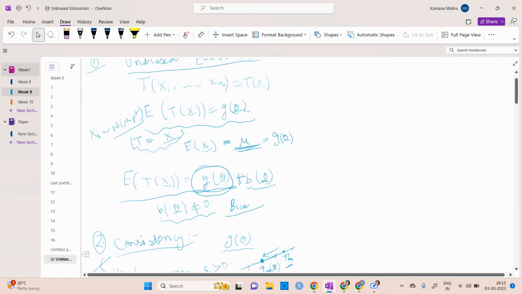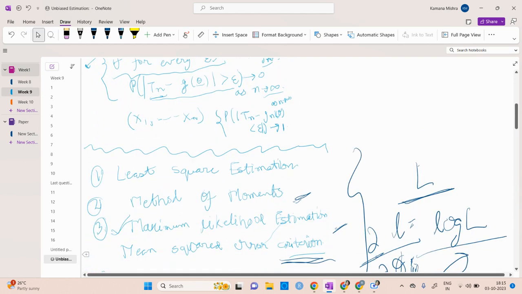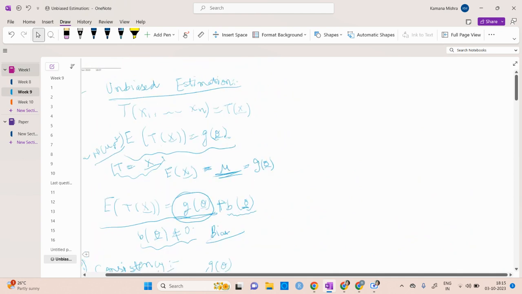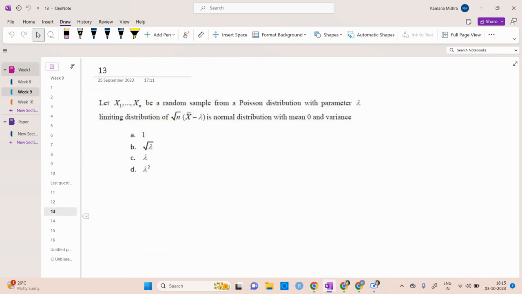These are some things about the previous class, and we were left with some questions. So firstly we will continue those questions and then we will go through today's class. This was the first question we left in the last class. Here, xi is a random sample from a Poisson distribution with parameter lambda.